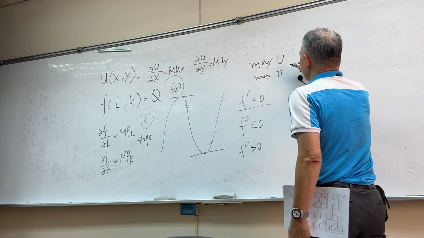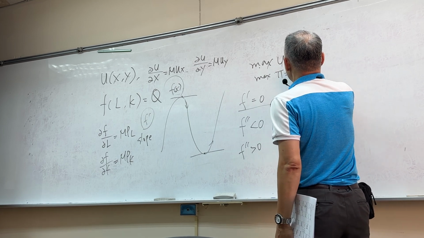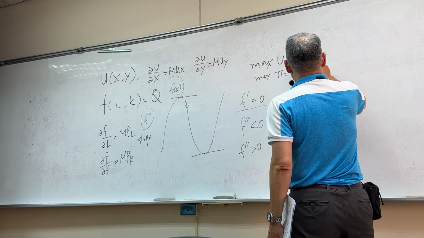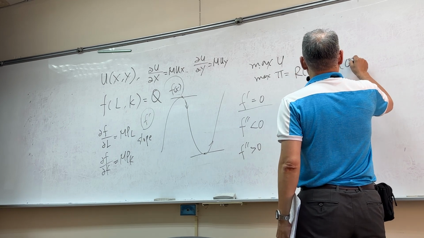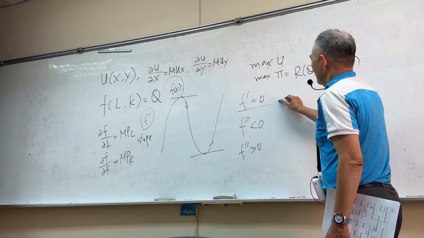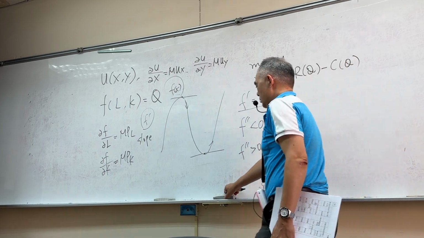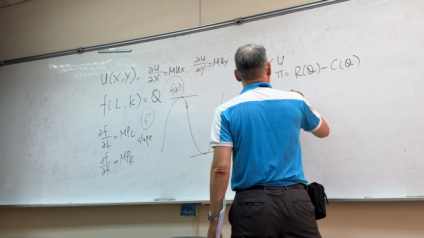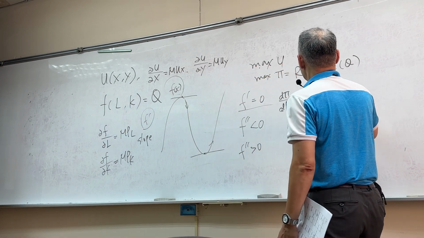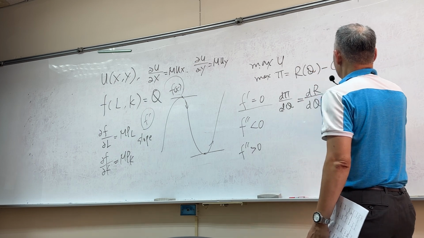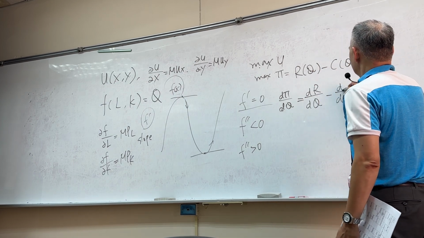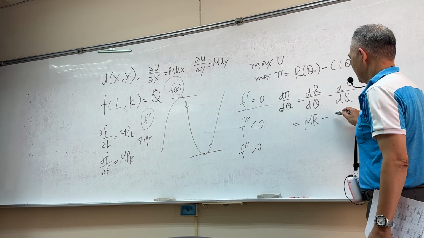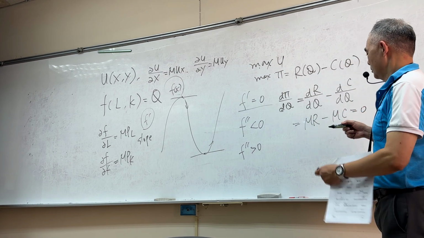So, if you maximize profit, it has to be revenue minus cost. And so you have d pi over dq equal to dR over dq minus dC over dq, and this is what we call marginal revenue minus marginal cost equal to 0.